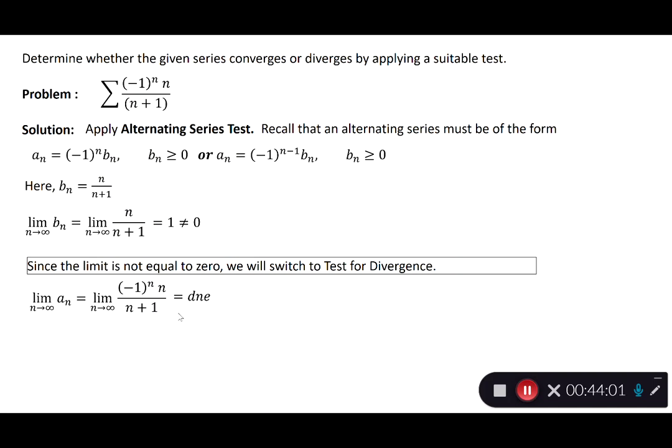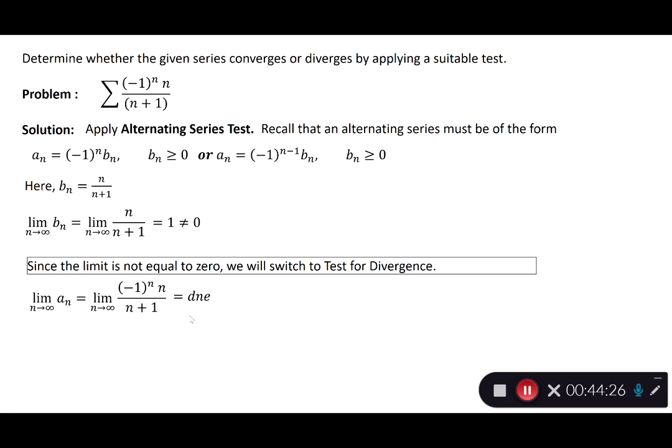The contrapositive of the theorem, or the divergence test, says if the limit of a sub n as n approaches infinity is not equal to 0, for what reason? We don't care. For whatever reason, if the limit of a sub n is not equal to 0, end of the story, the series diverges.